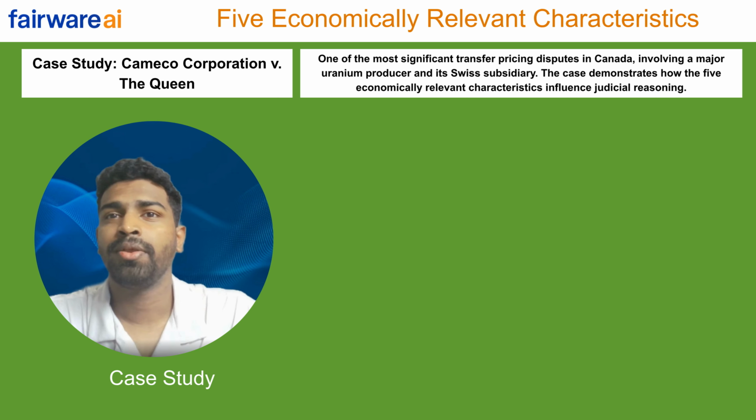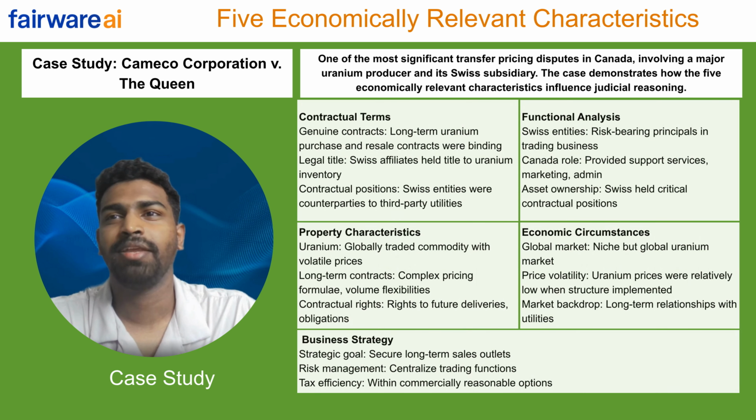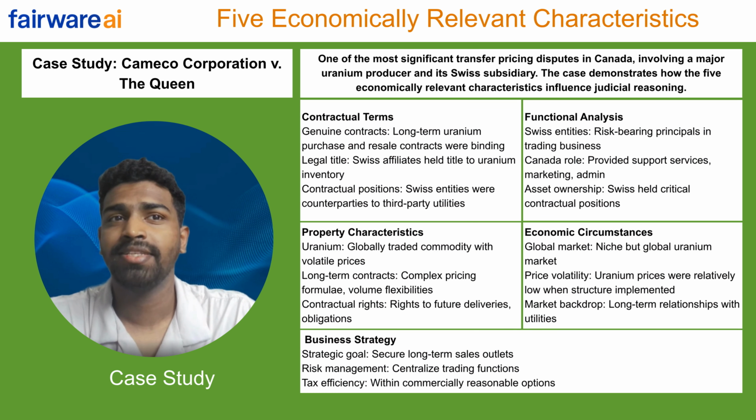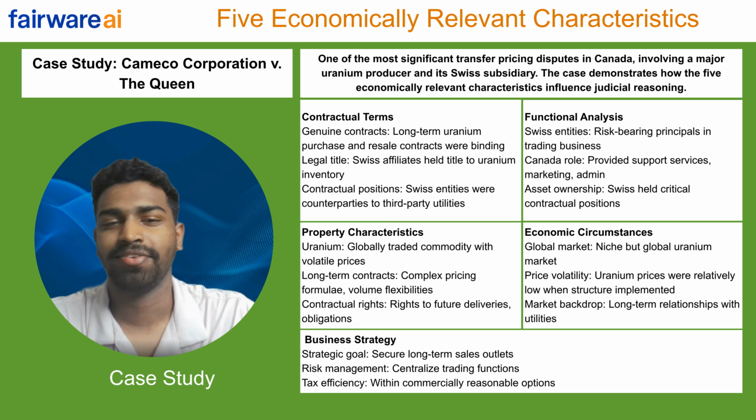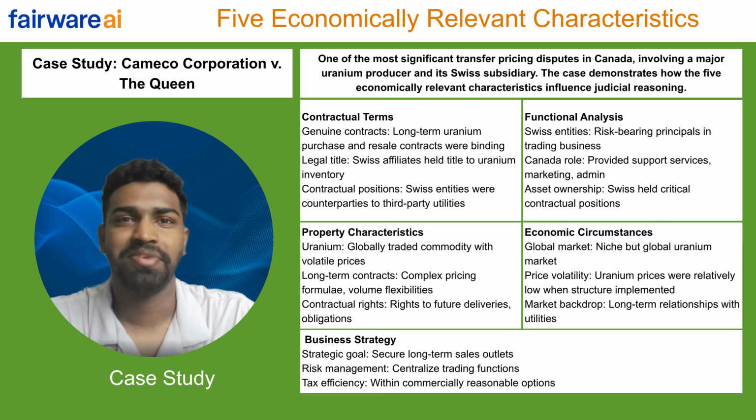But when the global uranium prices suddenly skyrocketed, the Swiss subsidiary actually made a massive profit. This triggered the entire transfer pricing dispute, and the CRA, the Canadian tax authority, wasn't happy here.